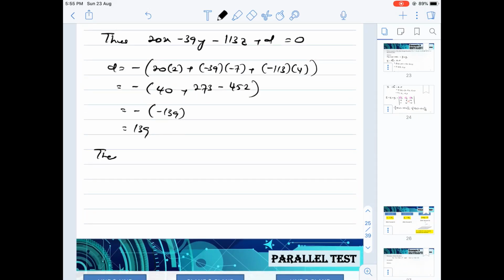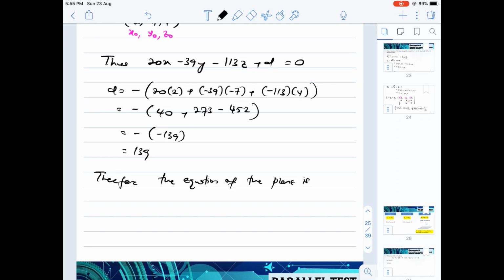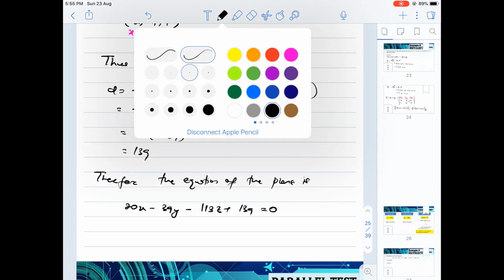Therefore, the equation of the plane is 20x minus 39y minus 113z plus 139 equals 0. This is the answer.